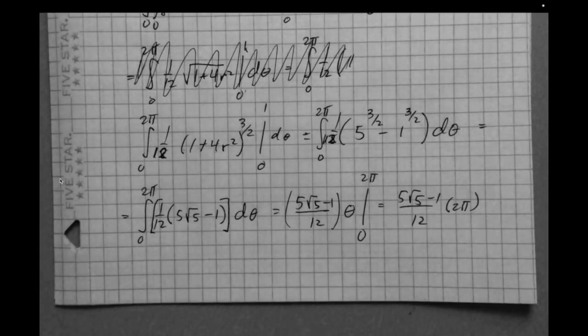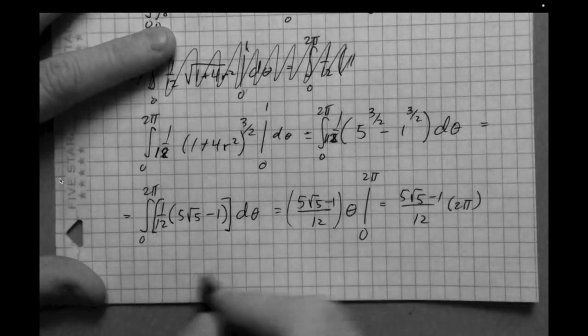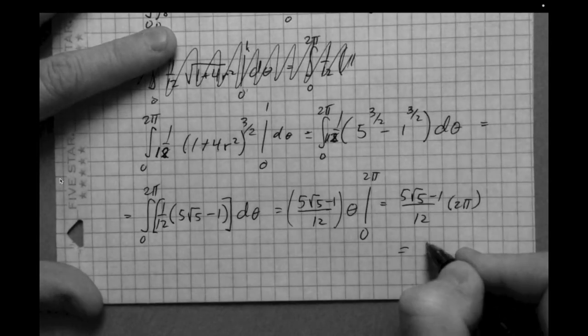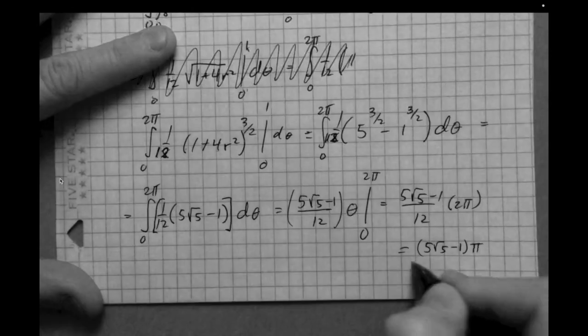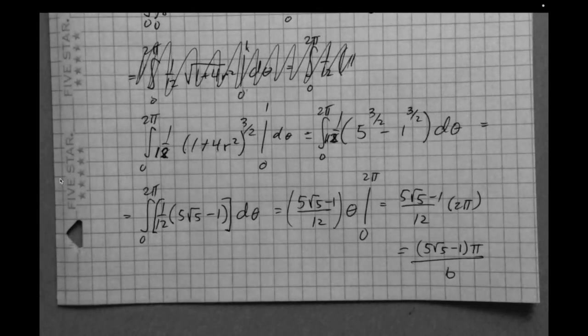Okay, so it looks like this. And we could simplify this, of course. Minimally you could say this is 5 square root of 5 minus 1 times pi over 6, like so. Okay. So I think that should do it.